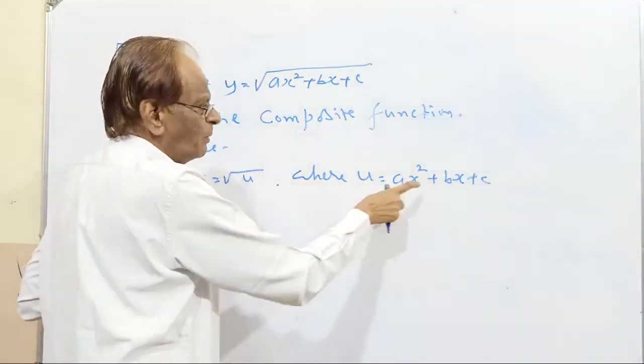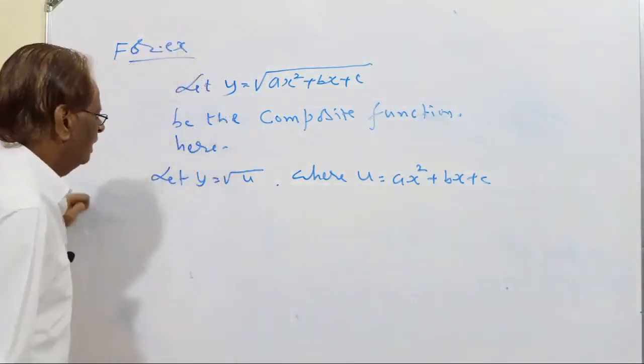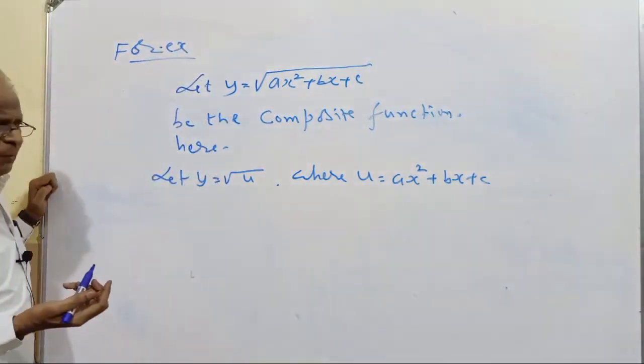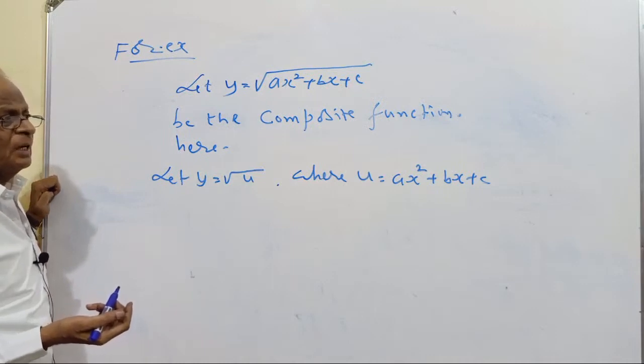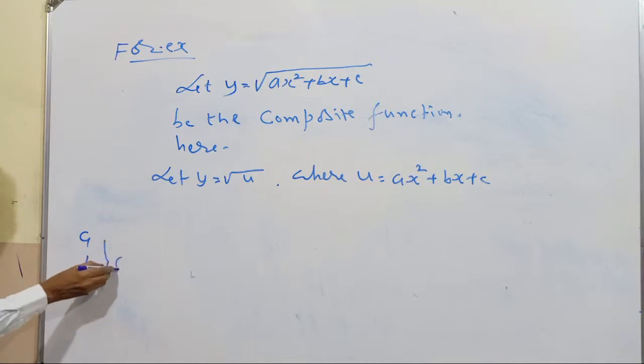Further, u we have expressed in terms of x. Other than y, u and x, the remaining a, b, c are all constants.